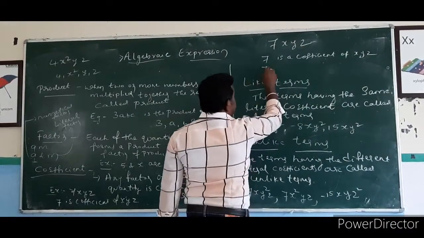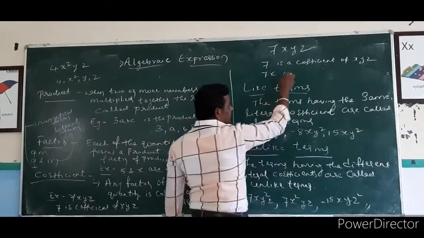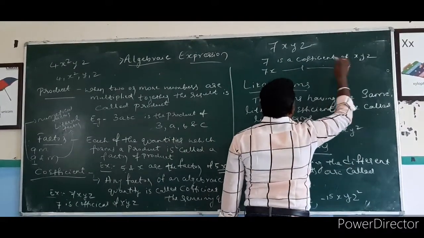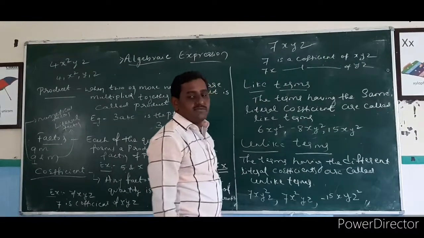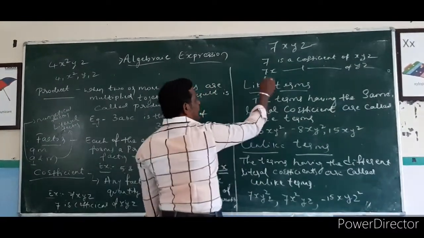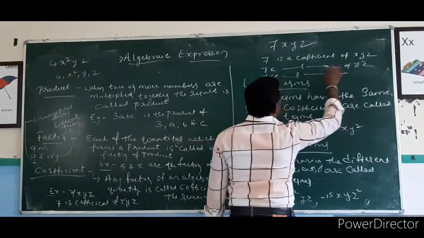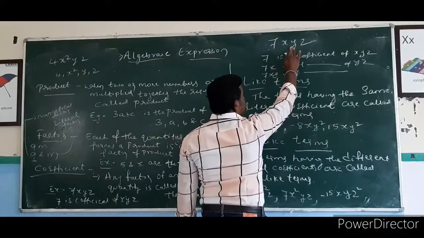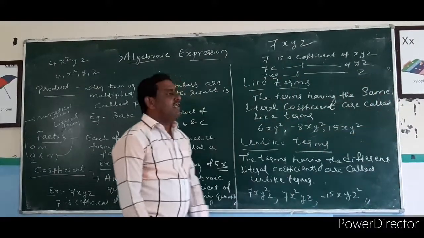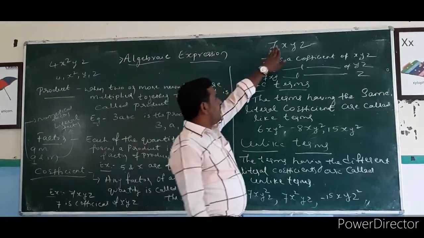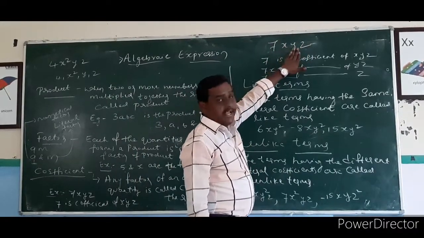If you separate 7x, then it is a coefficient of the remaining part, which is yz. Suppose you take 7xy, it is the coefficient of the remaining part, which is z. Like this you can take any: if you take 7z, then 7z is a coefficient of xy.